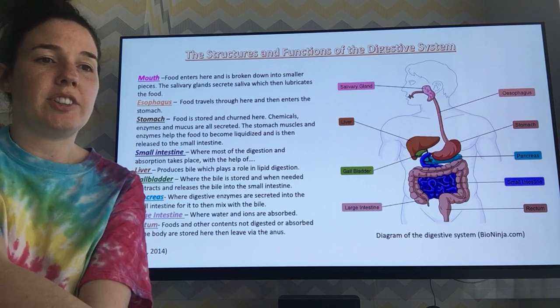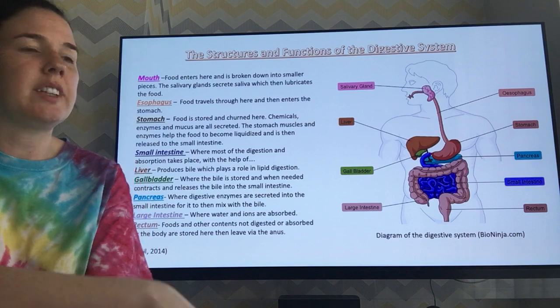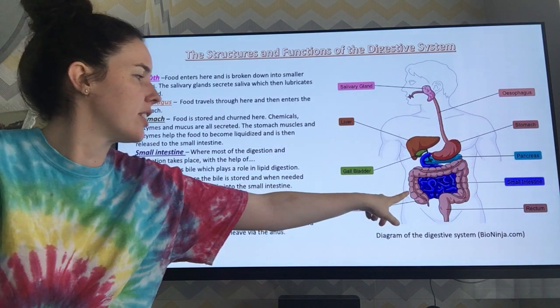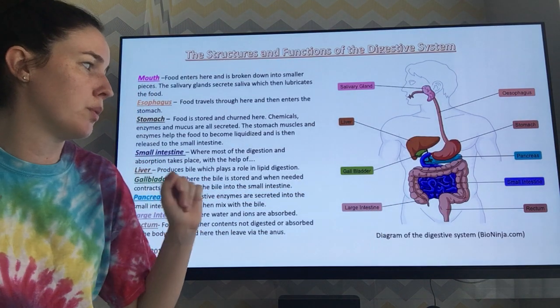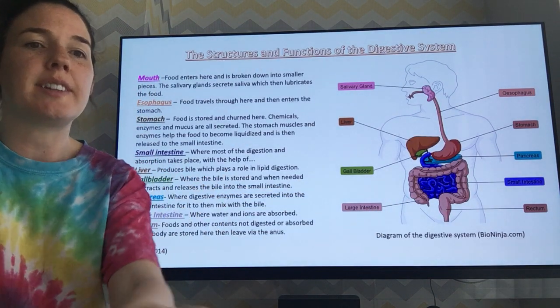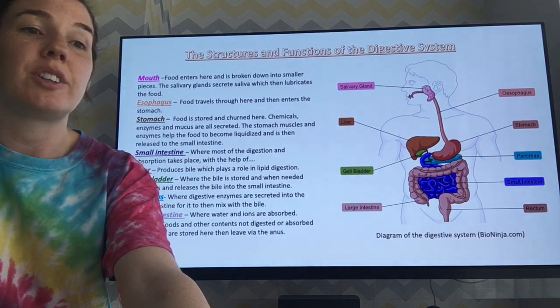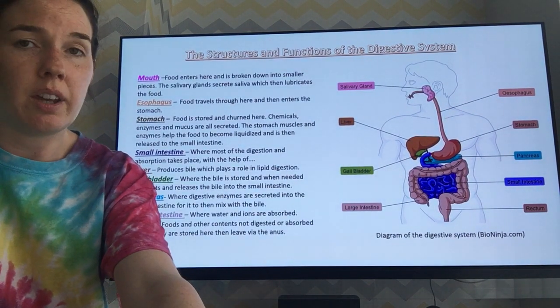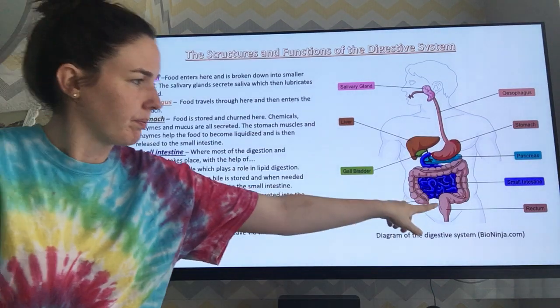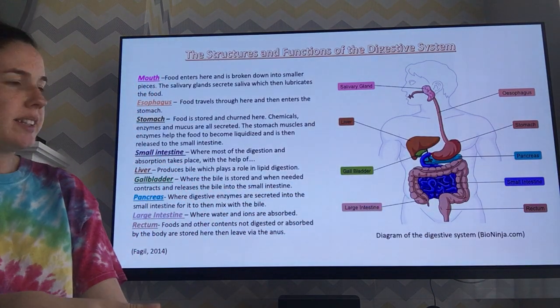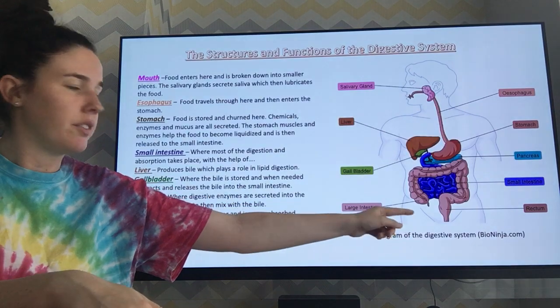Any food that is not digested and absorbed in the small intestine will eventually reach the colon, which is the first part of the large intestine. Water and ions are absorbed here. Any waste food and substances which are not absorbed and digested are stored as feces in the rectum, and are eventually excreted from the alimentary canal through the anus.